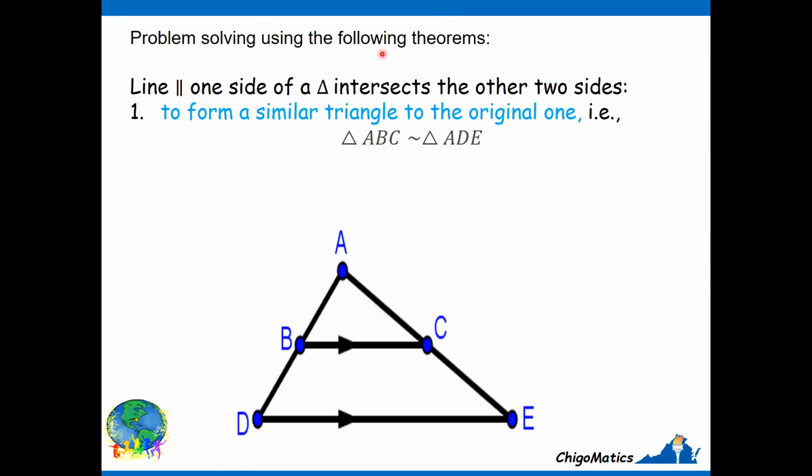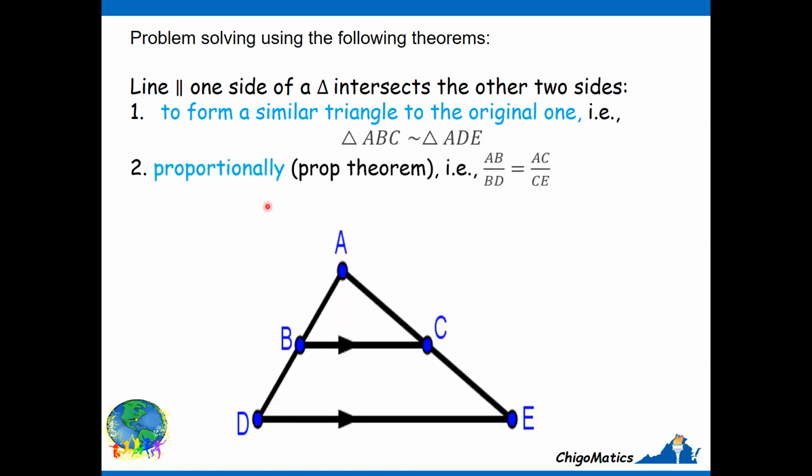Problem solving using the following theorems. A line parallel to one side of a triangle intersects the other two sides to form a triangle similar to the original one. That is, triangle ABC is similar to triangle ADE because BC is parallel to DE and intersects sides AD and AE.